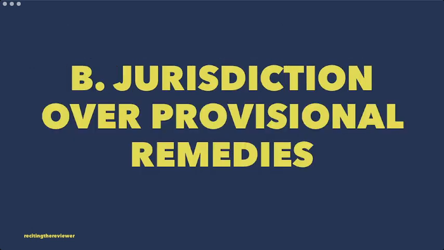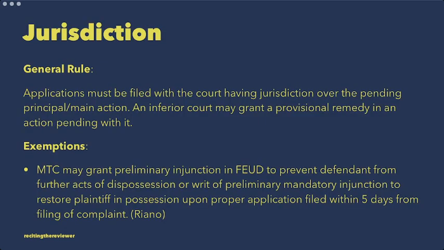Now we will go to the jurisdiction over the provisional remedies. So, as a general rule, the applications must be filed with the court having jurisdiction over the pending principal or main action.